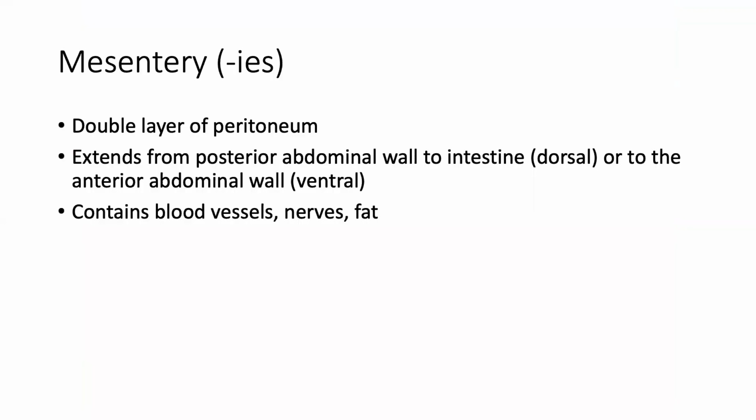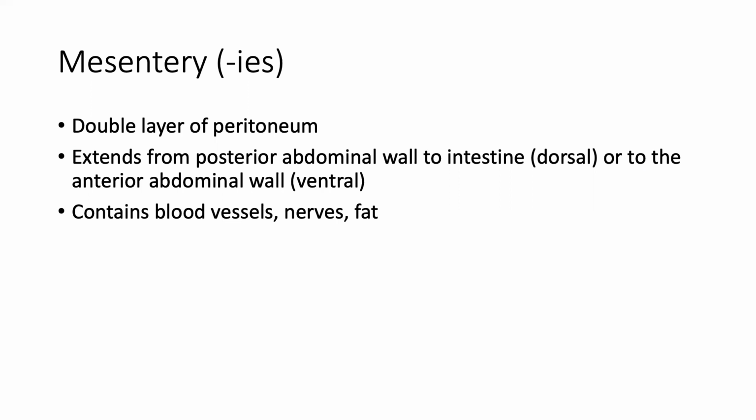So what is a mesentery? The mesentery is a double layer of peritoneum which extends from the posterior abdominal wall to the intestine, or from an intra-abdominal organ to the anterior abdominal wall. Depending on where they originate and where they go, if they are going to the anterior abdominal wall, we call that ventral mesentery.